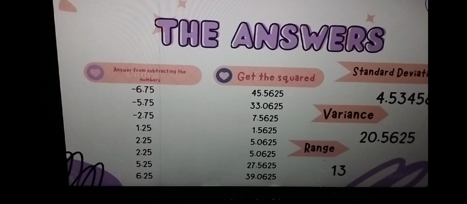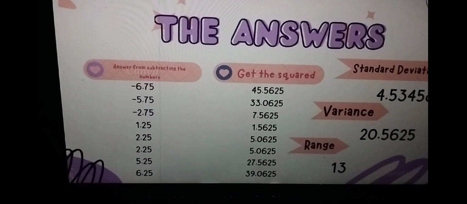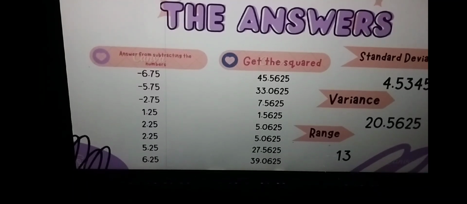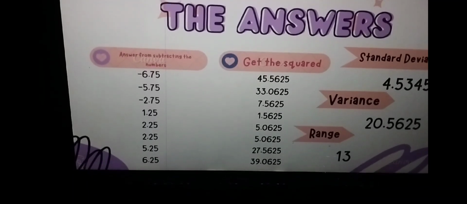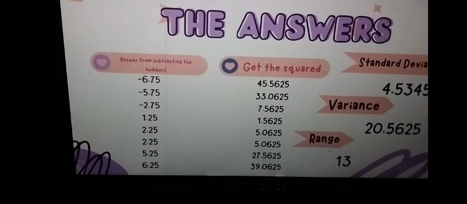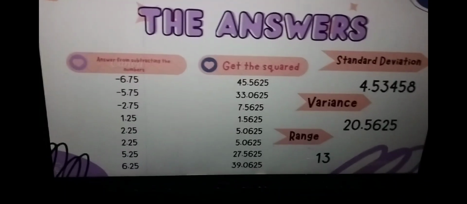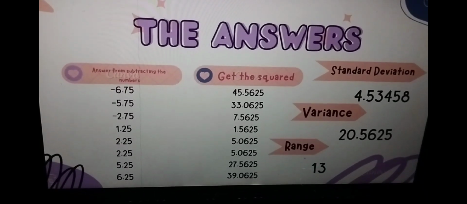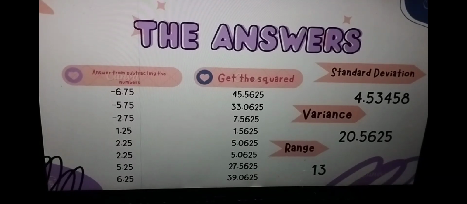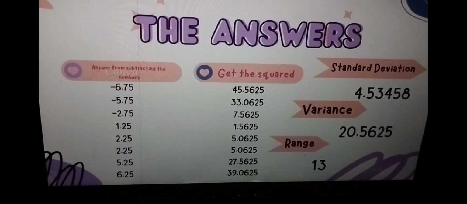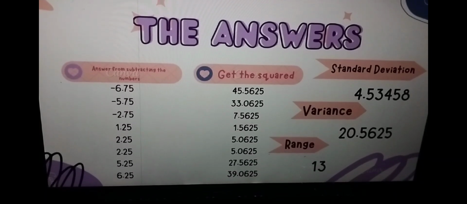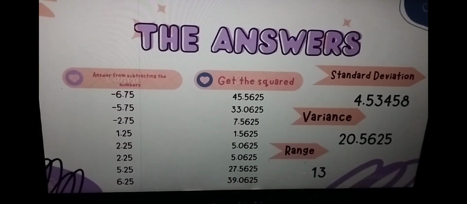Negative 6.75 squared is 45.5625. So now we have our standard deviation, variance, and range. For the standard deviation, we have 4.53458. For the variance, we have 20.5625. For the range, we have 13.